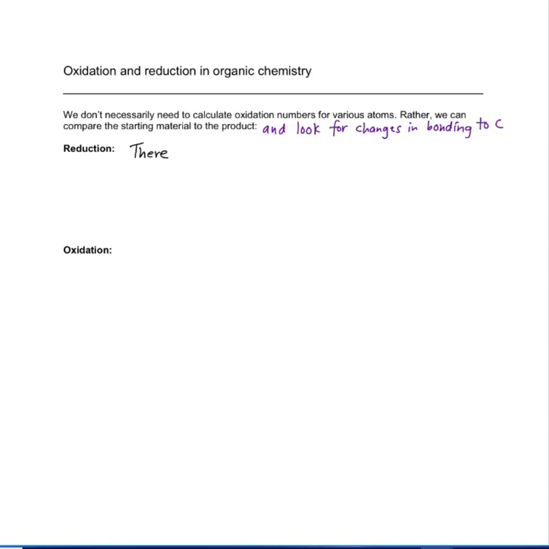So in a reduction, there will be more carbon-hydrogen bonds and/or fewer bonds between carbon and, we'll call it Z, where Z is an element that's more electronegative than carbon.